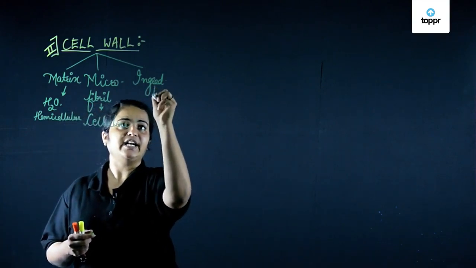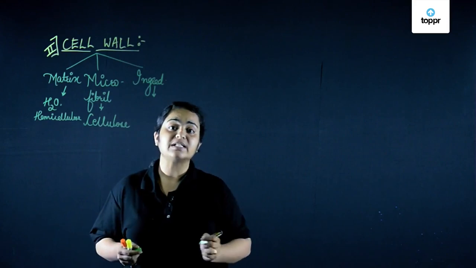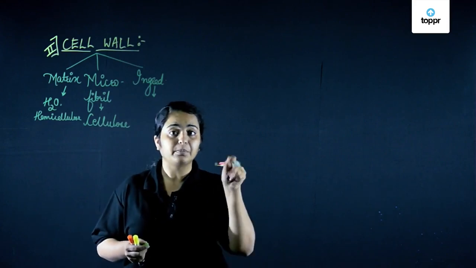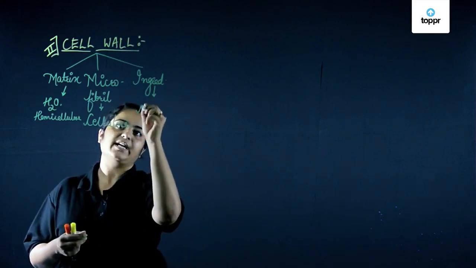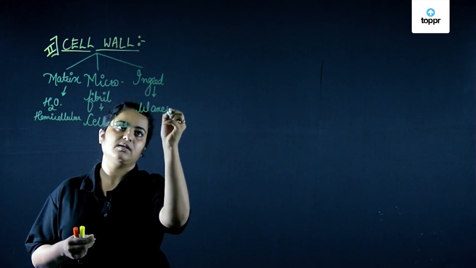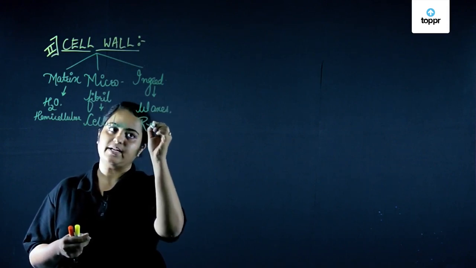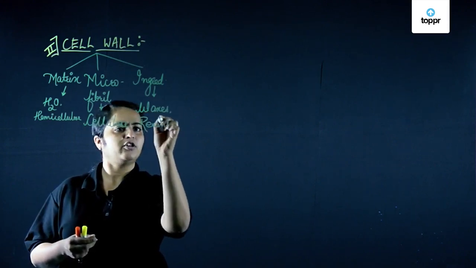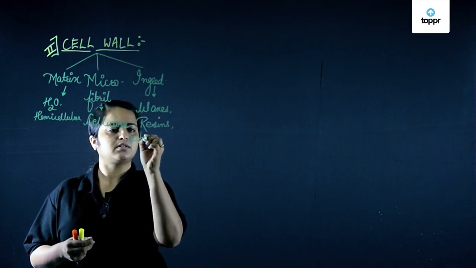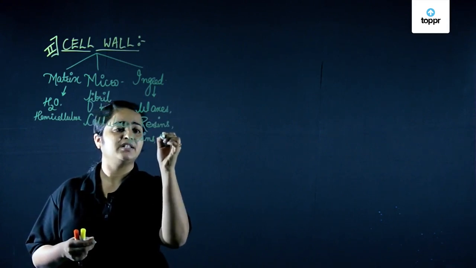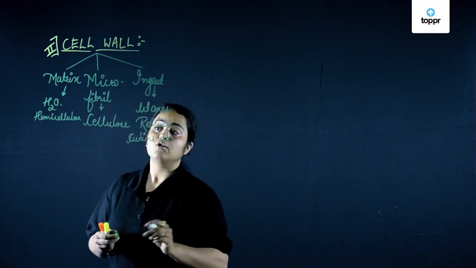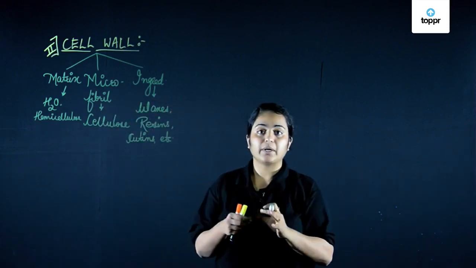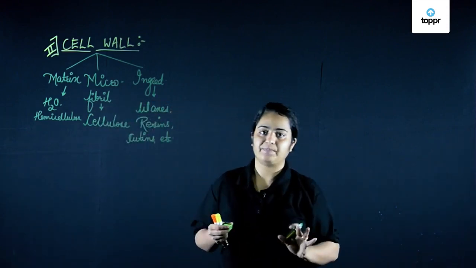And the other ingredients would include all the substances which we expect to be in the cell wall. That is, it will have waxes followed by resins. We can also have cutins, suberins, tannins, etc. All these components will together make up the cell wall.